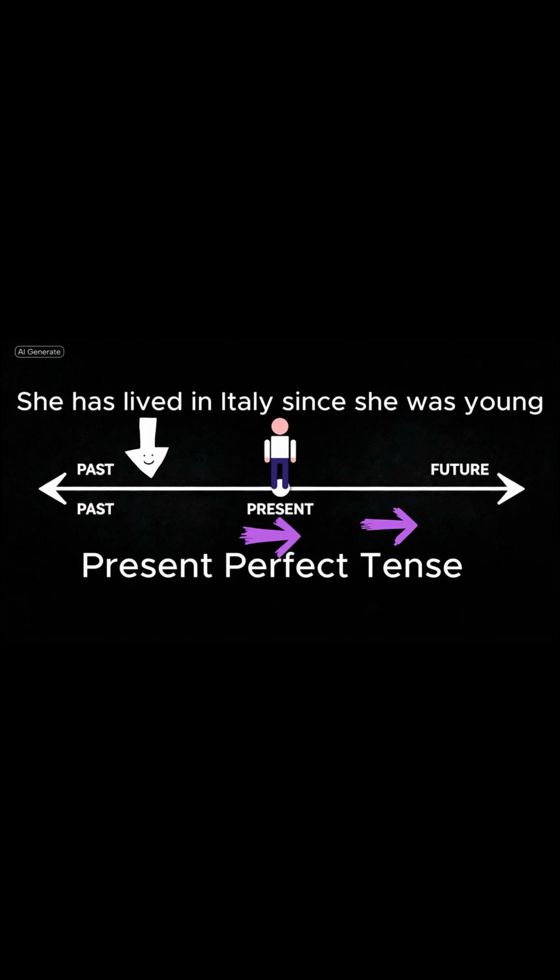And this is how it's demonstrated on the timeline. So, this is exactly how an action from the past could extend to the moment of speech. That's the present. And furthermore extend its effect to the future.